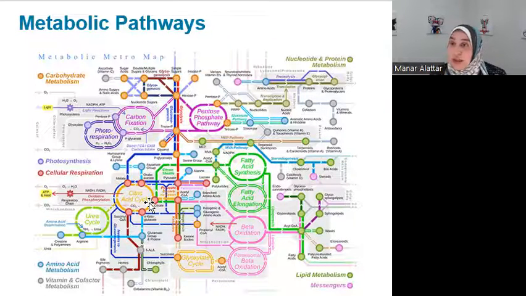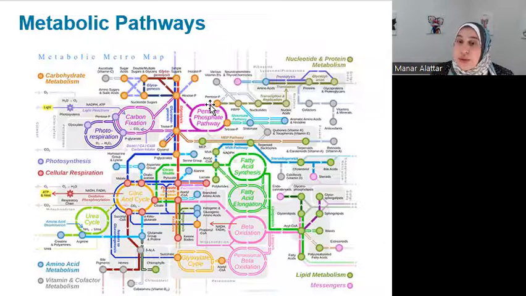So when one organism eats another organism so that it can have energy and nutrients, or when an autotroph, for example, does photosynthesis that actually provides energy to the community, you're working within a complex system of metabolic processes that all come together so those organisms or those communities can function.